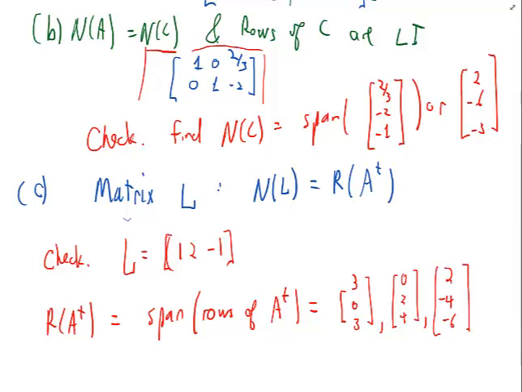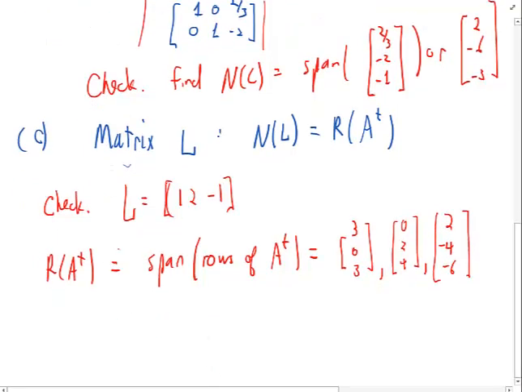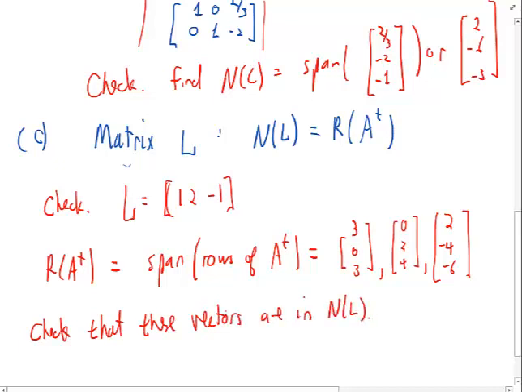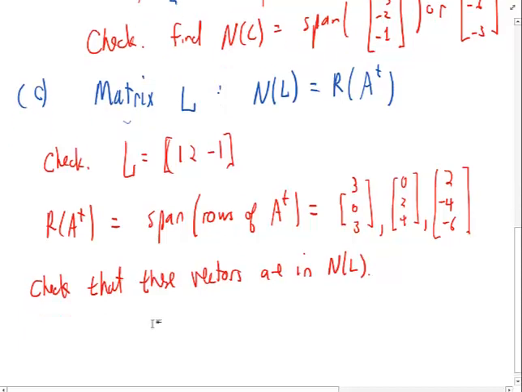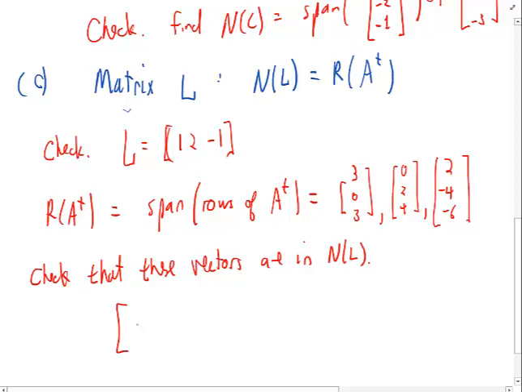Okay. Now, let's check that these vectors are in fact in the null space of L. All right, so check it by multiplying. First, we'll take L times the first one, 3, 0, 3.